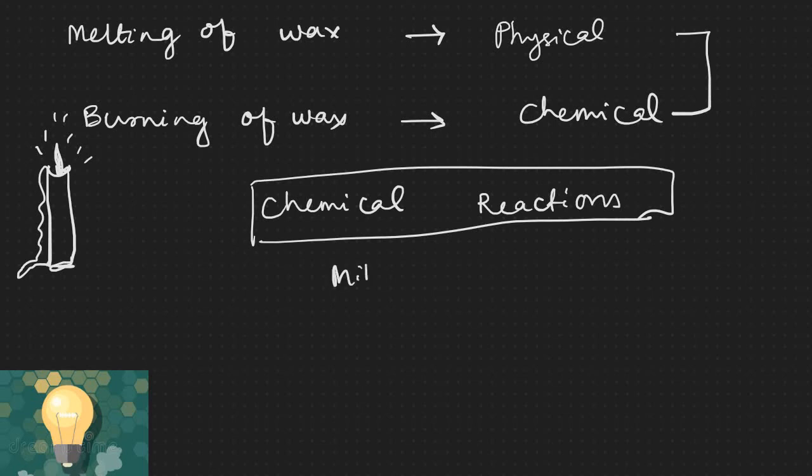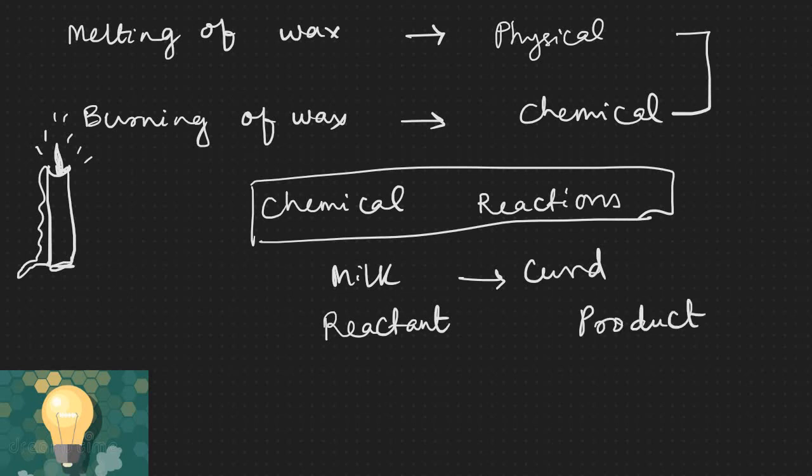Just like when I say milk converts into curd, there is a different combination or arrangement of atoms in milk, and when it is converted into curd, the arrangement gets rearranged. So the milk acts as a reactant, and what we get after the chemical reaction is the product. The curd here is the product and milk here is the reactant.